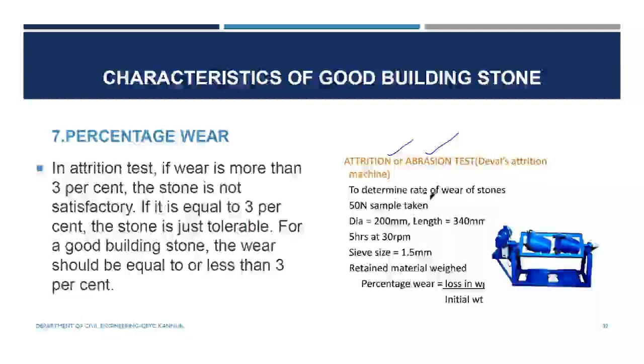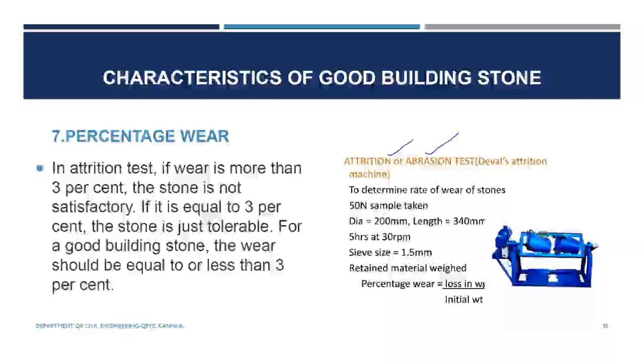To determine the rate of wear of stones, how will we do that? Take a 50 Newton sample. If you are converting to kilogram, just divide by 9.8, so a 50 by 9.8 kilogram sample is taken. There will be a cylinder having a diameter of 200 mm and length 340 mm.